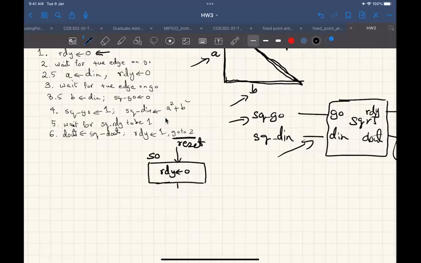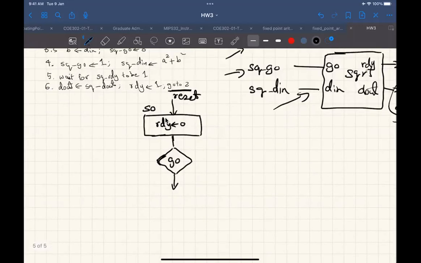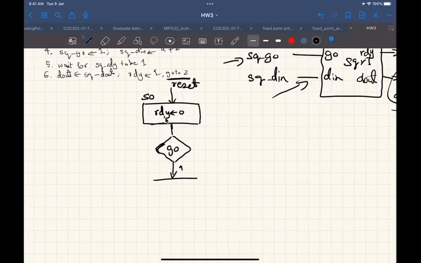This will be different depending on the value of go. So if go is 1, then you are going to actually wait for it to go to 0, right? This is 1. So this is this one, right?